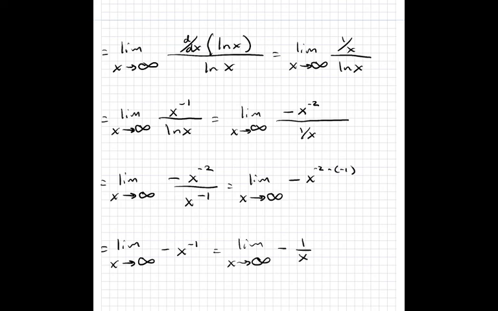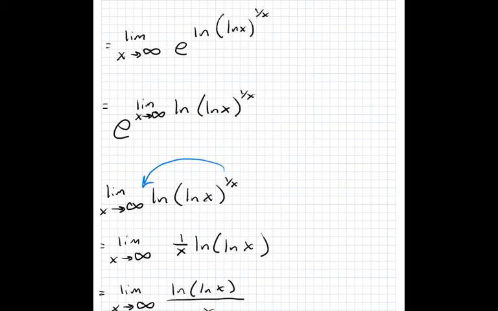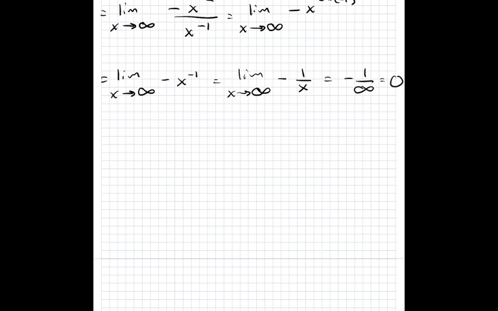Now, if we evaluate the limit, this is going to be negative 1 over infinity, which is essentially 0, right? So then now we need to go back and plug it in here. Let's copy and paste. So our claim is that this expression is equal to e to the 0, which is 1.